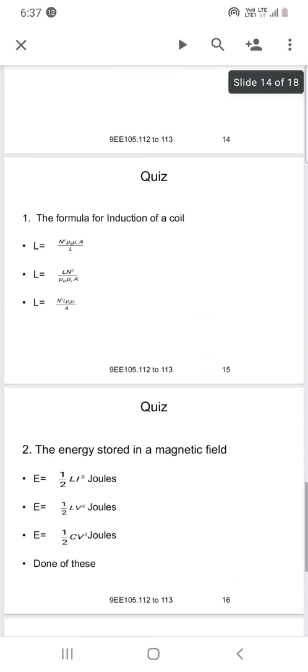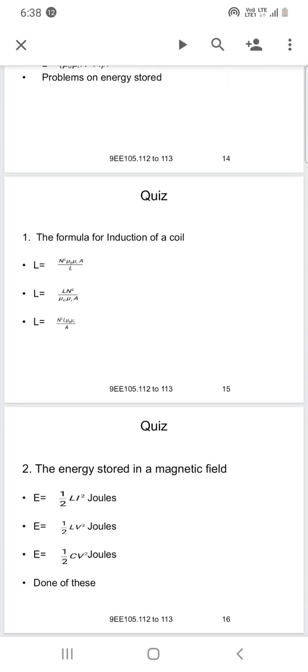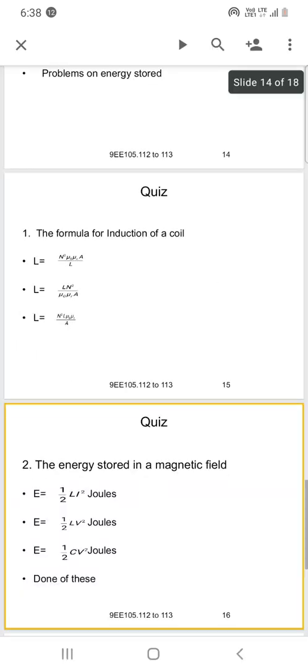Some quiz questions are given here. The formula for the inductance of a coil. Three formulas are given here.